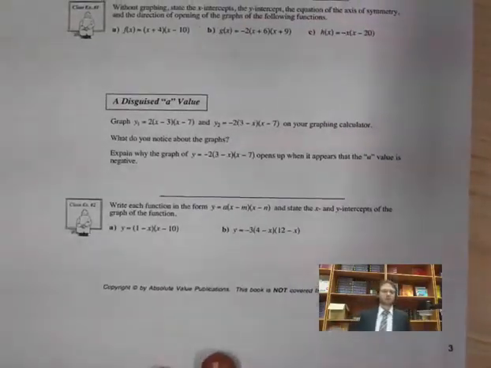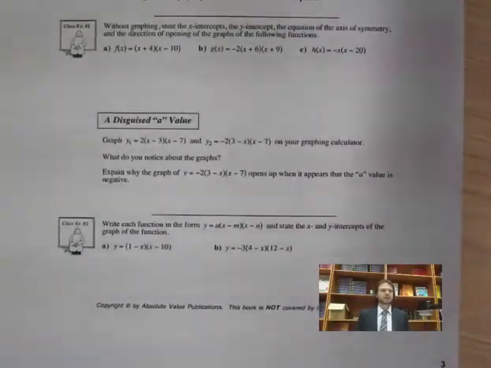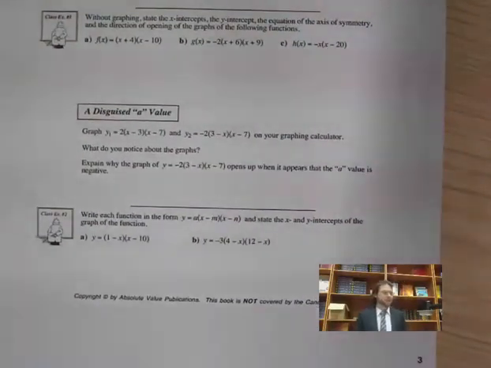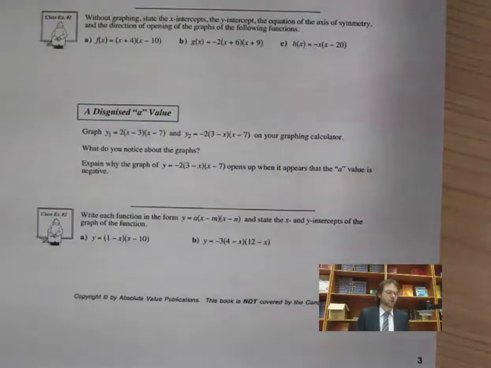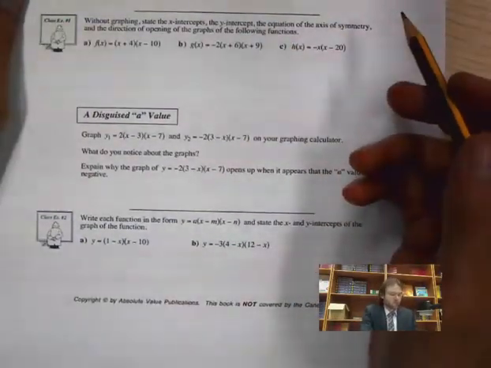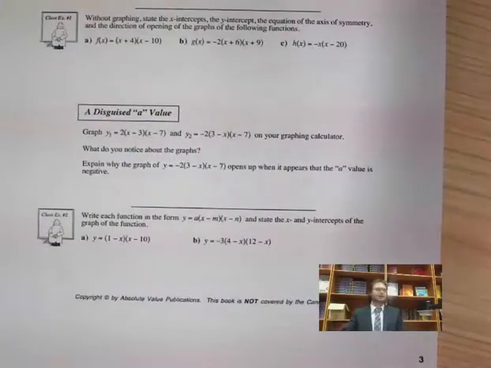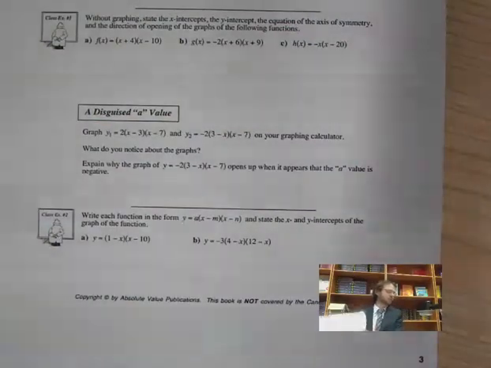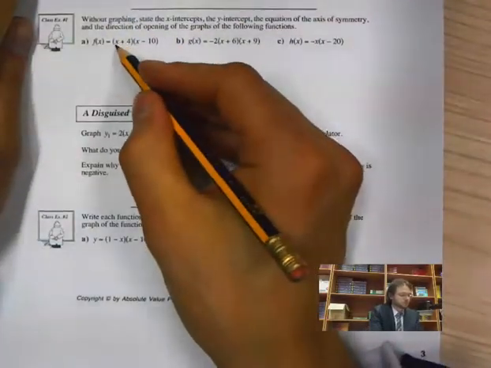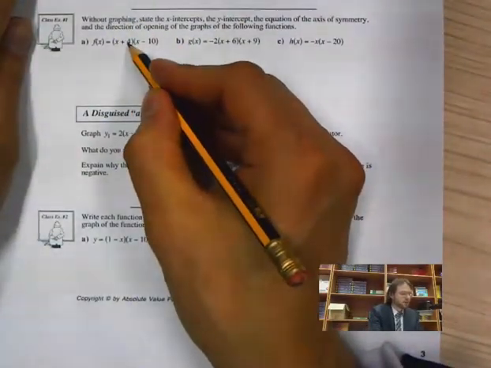Okay, so here we go. Class example number 1. Without the use of a graphing calculator, state the x-intercepts, the y-intercepts of the equation, and the axis of symmetry. So let's start off with this first one here. We want to know my x-intercepts. Well, we did something with that earlier. We're looking at x plus 4.